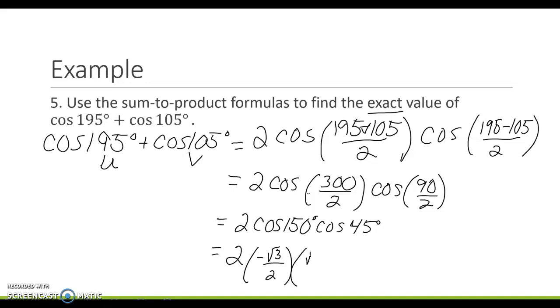And cosine of 45 is square root of 2 over 2. And now I'm just going to multiply all these values together to get this exact value. So these two can simplify out. Negative square root of 3 times square root of 2 is negative square root of 6, all over 2 times 1 is 2. And that would be the exact value of that sum.